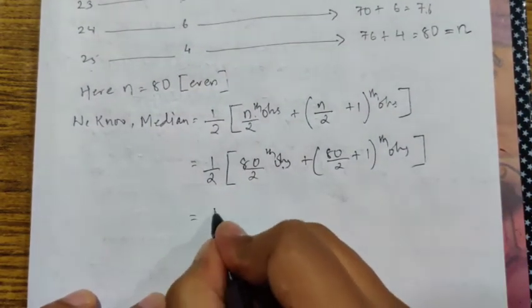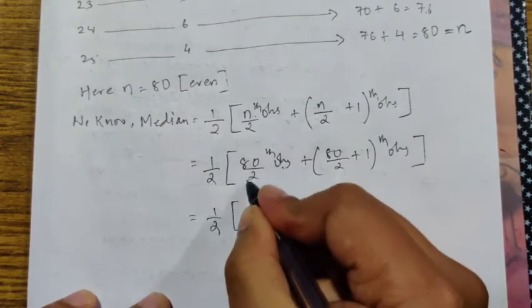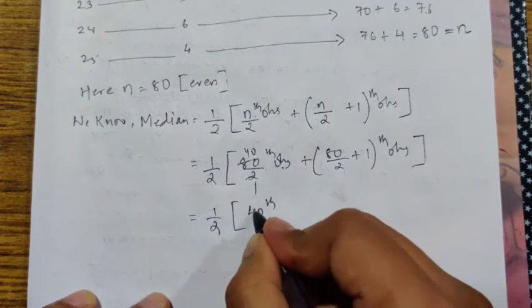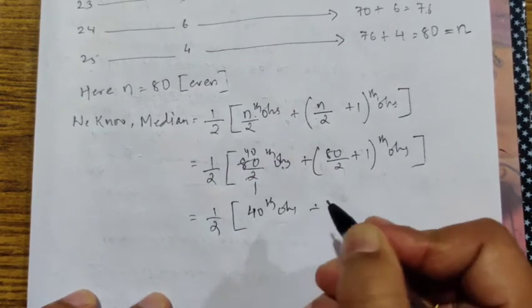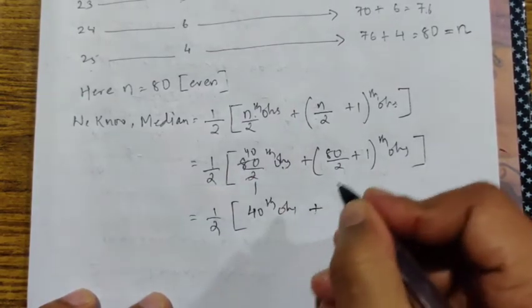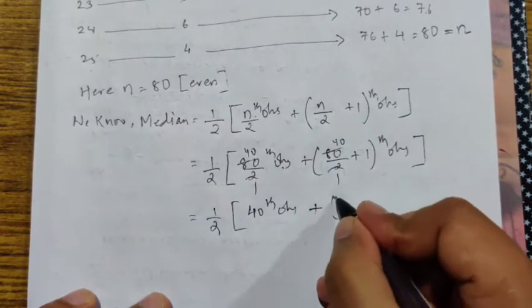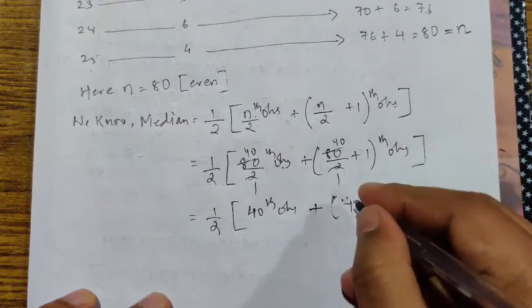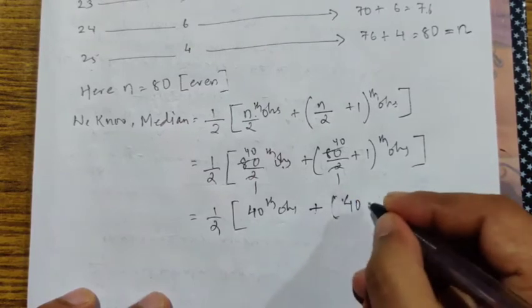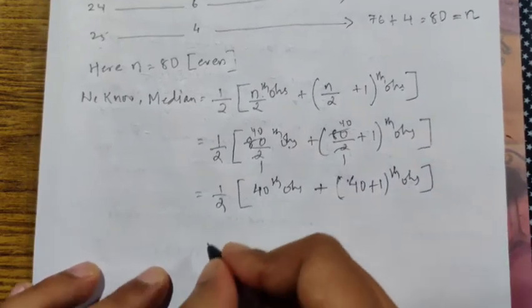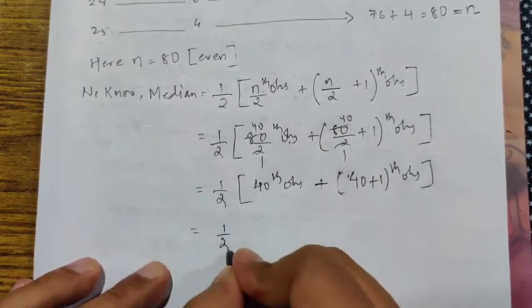Don't go for shortcuts, you'll forget everything again. 2 into 40 times, so it's the 40th observation plus 2 into 40 times, so I'm left with 40. I hope everyone can see. 40 plus 1th observation, which means I'm left with 1 by 2.